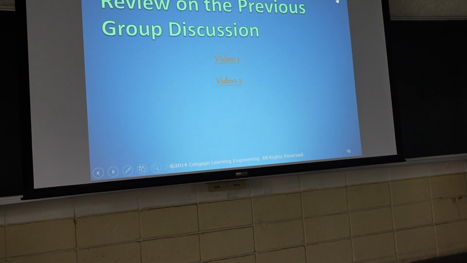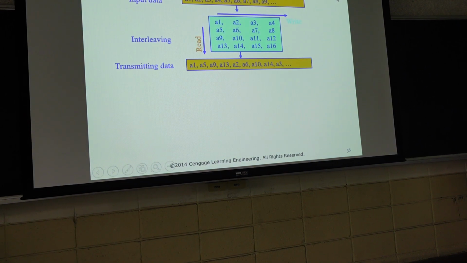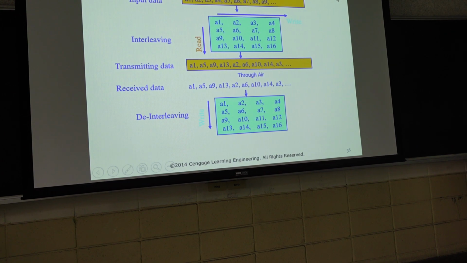Alright, that's it. This is a review for the linear block codes. And next one, this is interleaving. About interleaving, I just go through quickly and let you review how interleaving works.